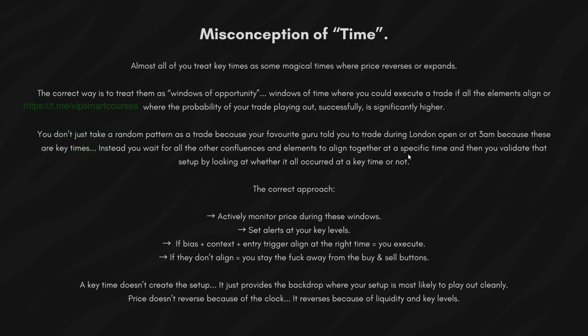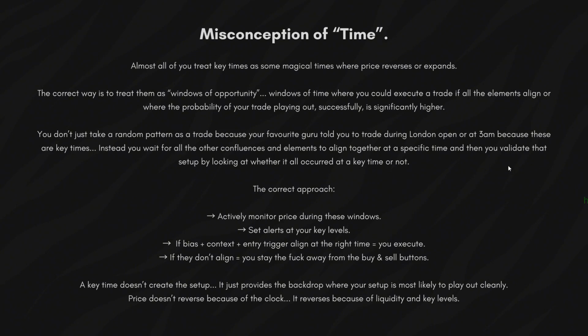So you can see that the time aspect here is only the last validating confluence, which only validates the setup by looking at whether it formed at a key time or not. Okay, it's only the last validating pretext. It's not the actual reason which begins the idea.